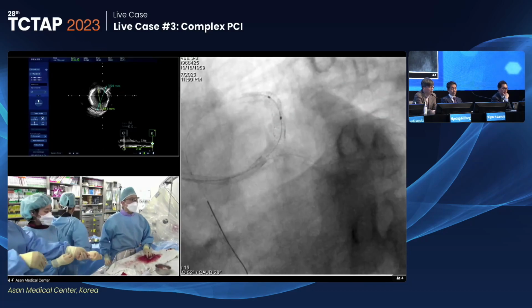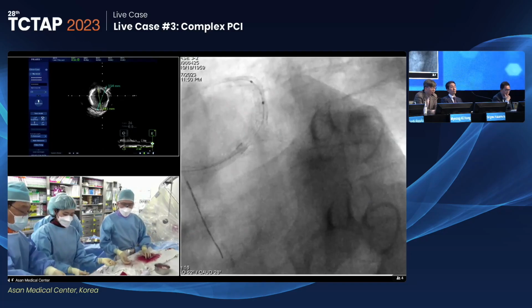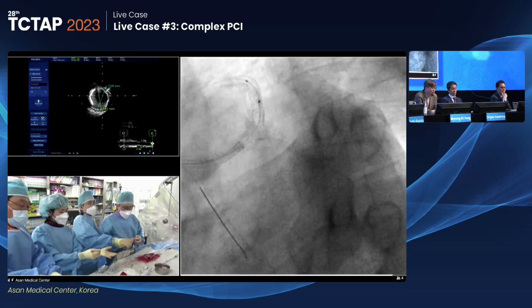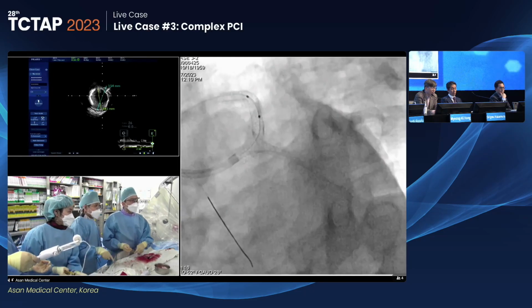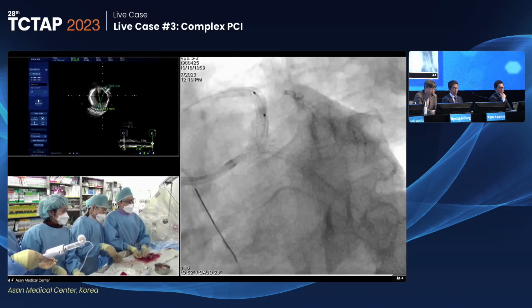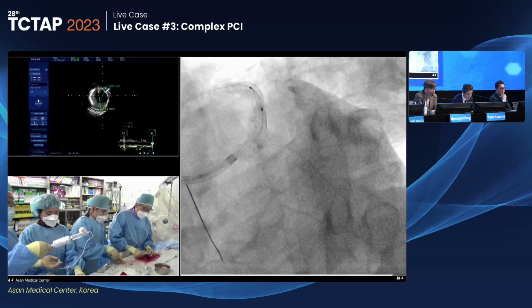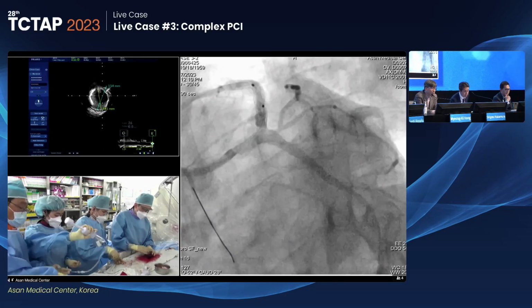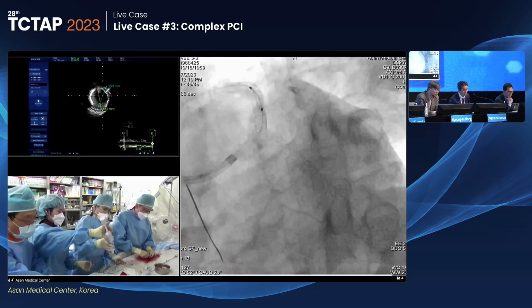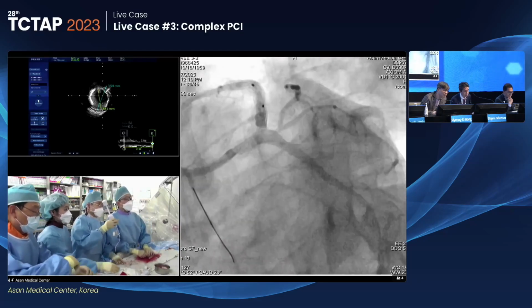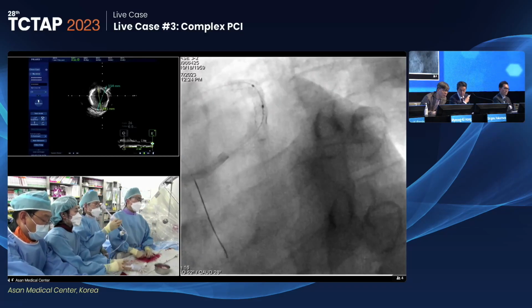Okay, shall we test to see whether OM is okay? Small test. Okay. Oh, luckily, the whole OM is surviving. But I will not apply very high pressure, especially with the circumflex.